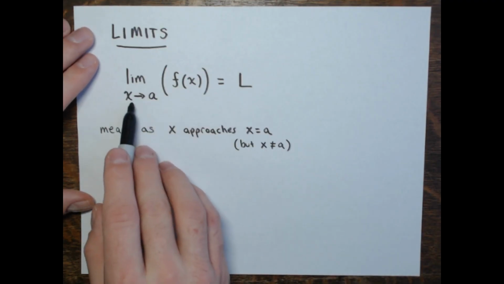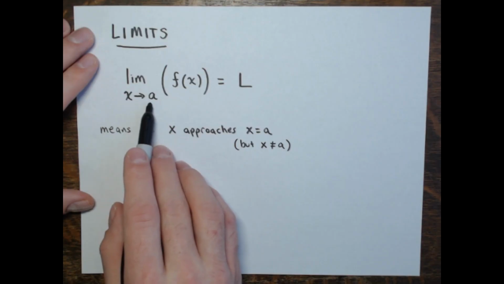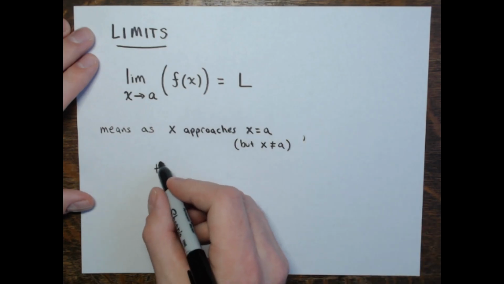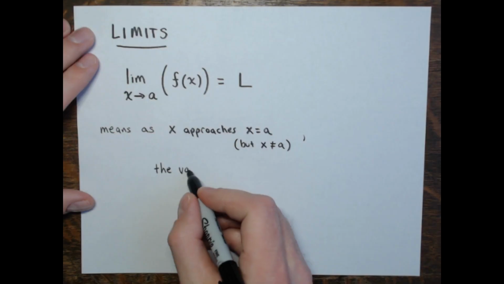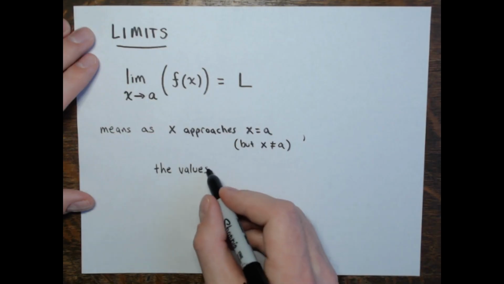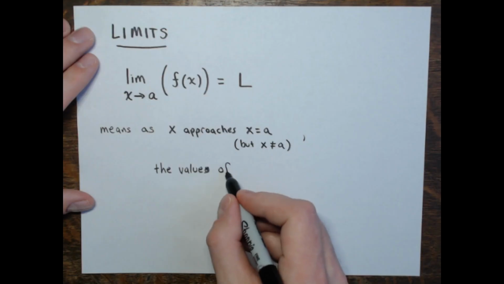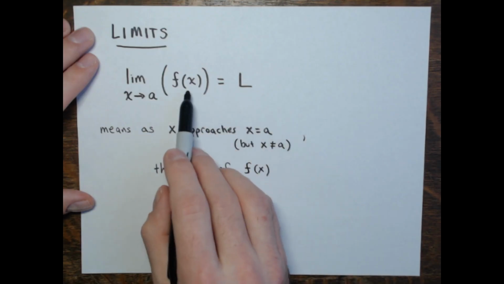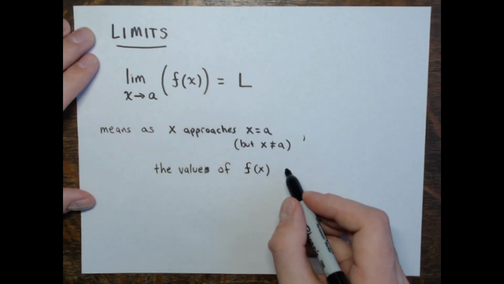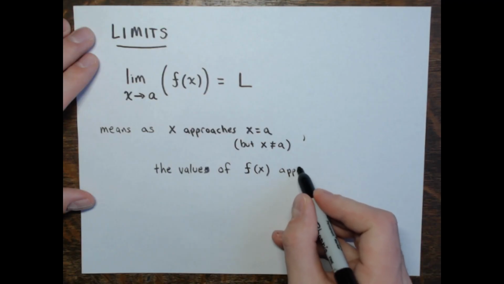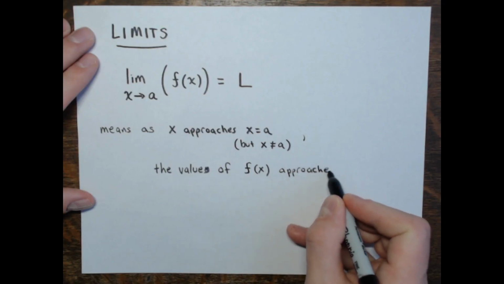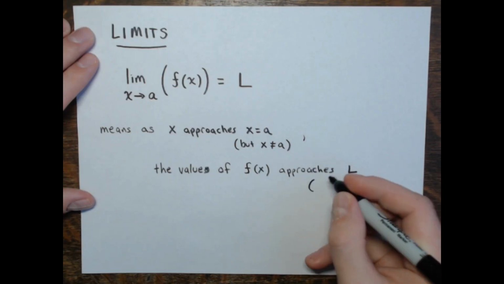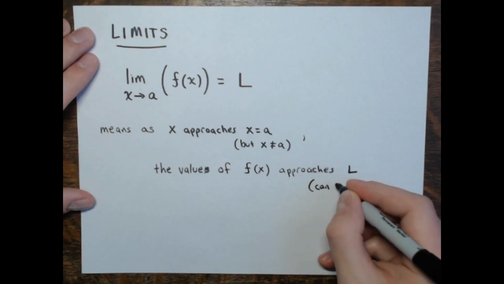So as x gets nearer and nearer to this a value, f of x, the value of the expression, the value of that expression f of x gets closer to, or approaches L, and it can be equal to L as well.